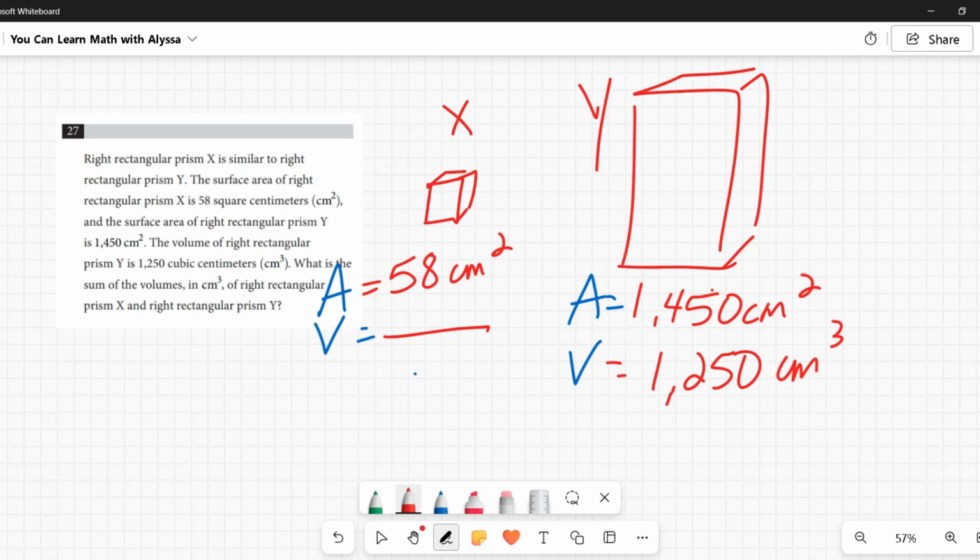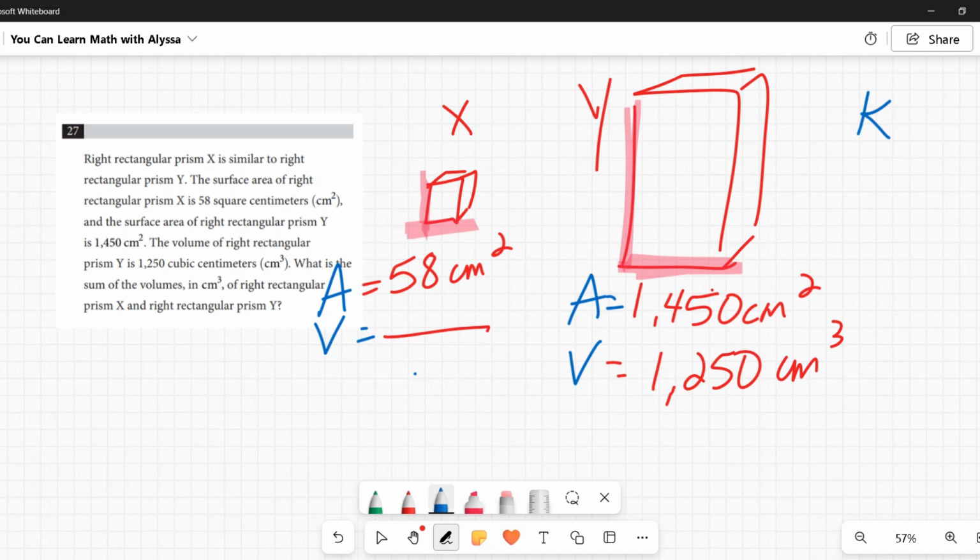So, if we were just looking at a length of a side, there'd be a ratio between X and Y. Like this side to this side would have the same ratio as this side to that side. Whatever that ratio is, I'm going to call it K. It's a constant.